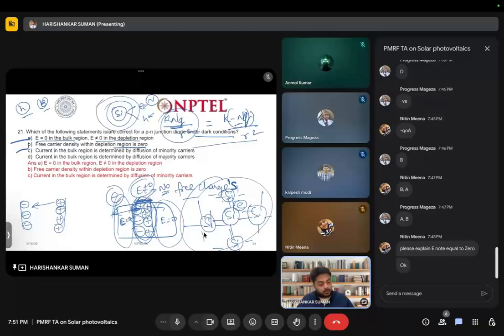So the bulk region is neutral, and every atom has a number of electrons equal to the number of protons. So there will be no net electric field. Clear?